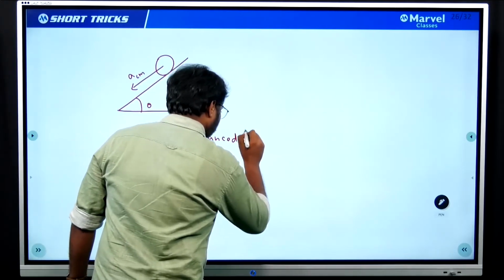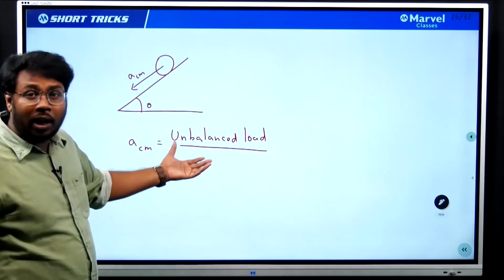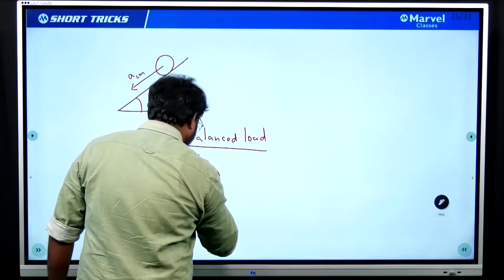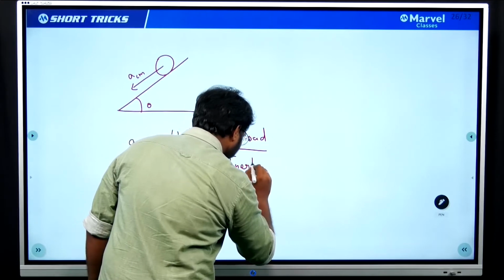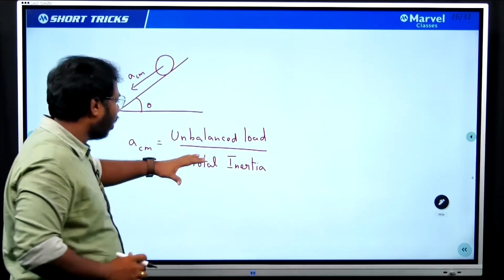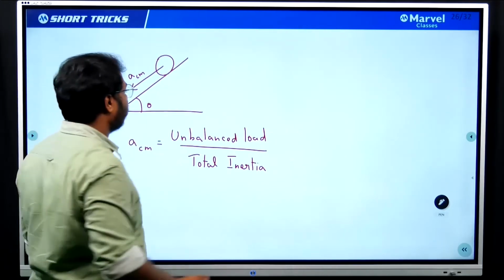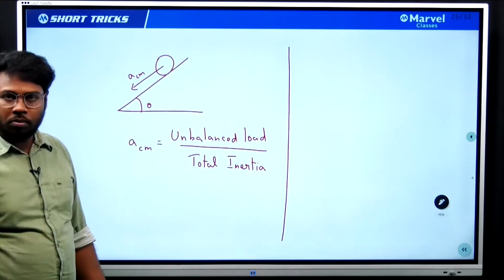unbalanced load by total inertia. This is the one that you have to remember: unbalanced load by total inertia. By the way, what is the unbalanced load?